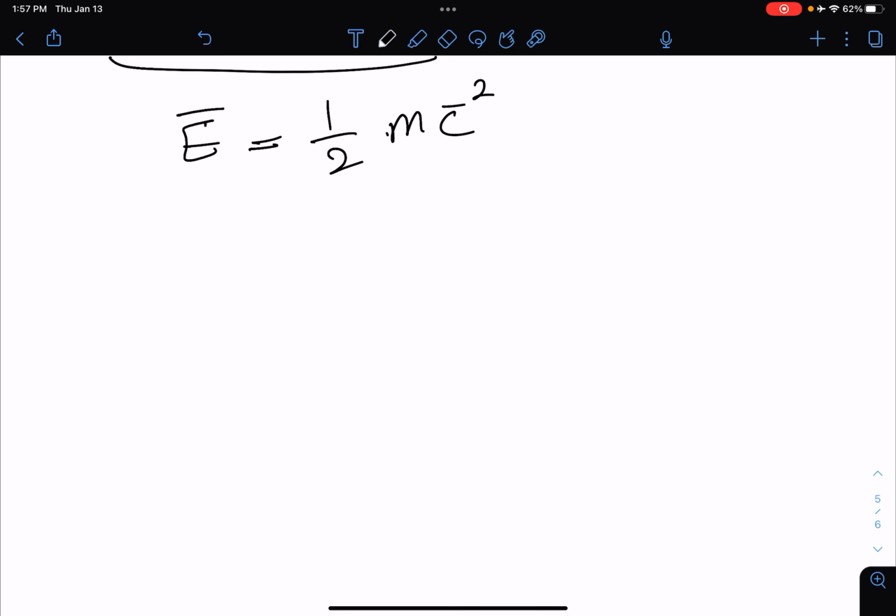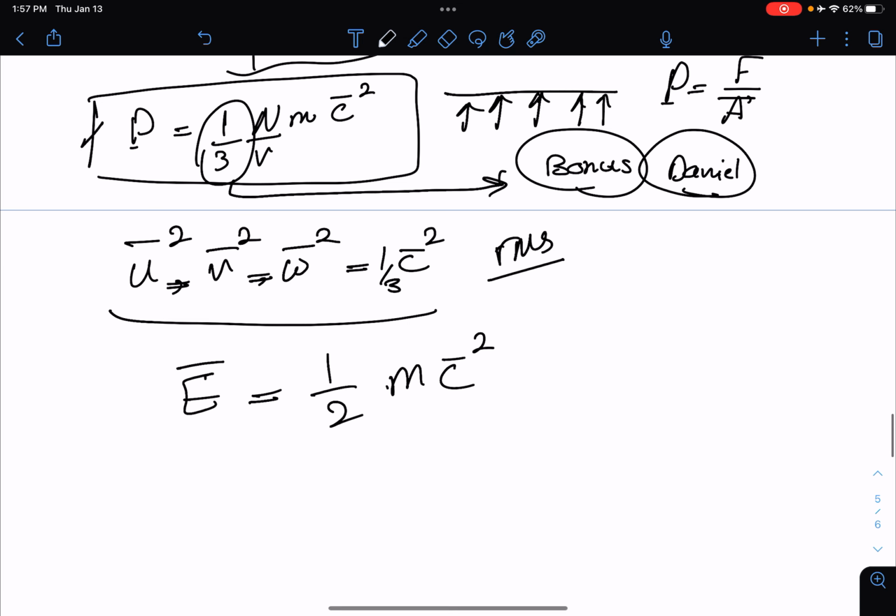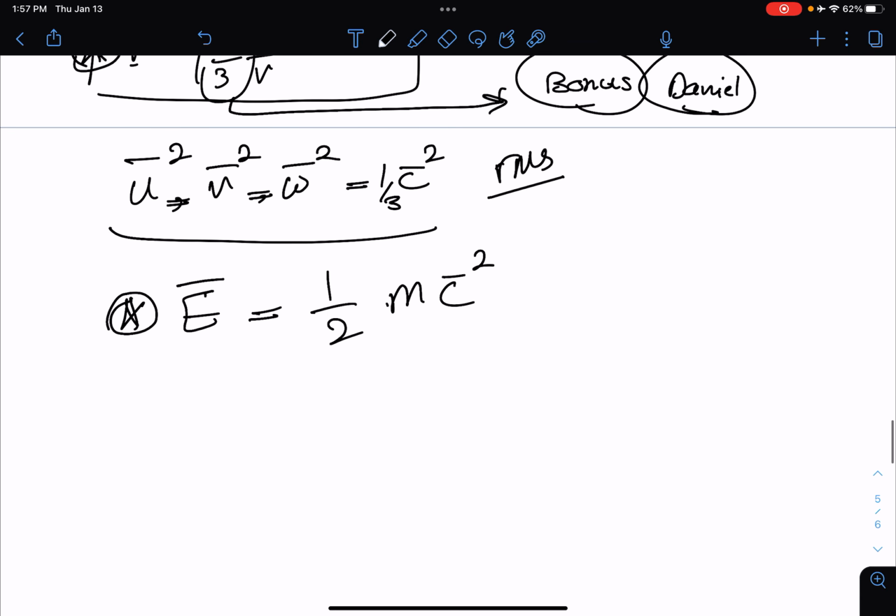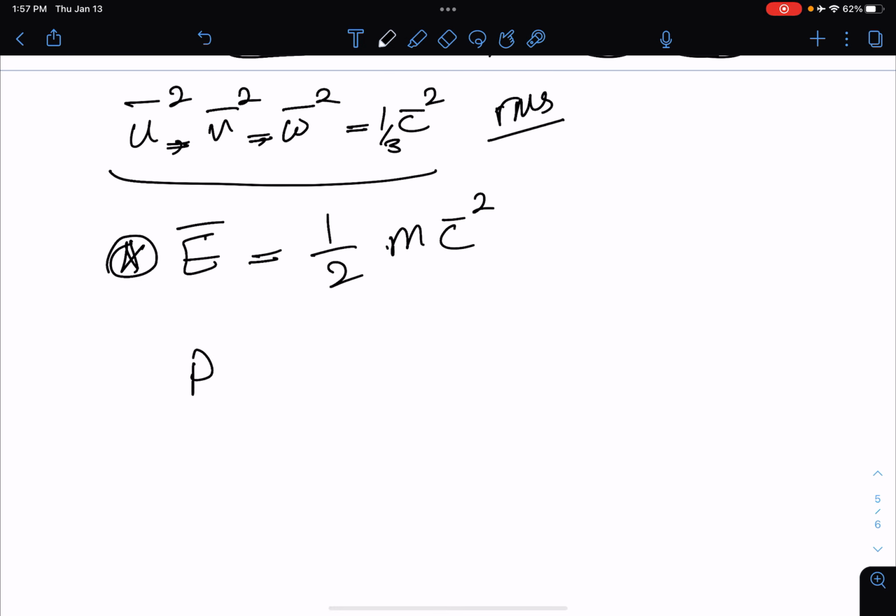If we play with these two equations a little bit and solve for PV, pressure multiplied by volume, we get PV equals 2/3 of the number of molecules multiplied by the average kinetic energy of the system.